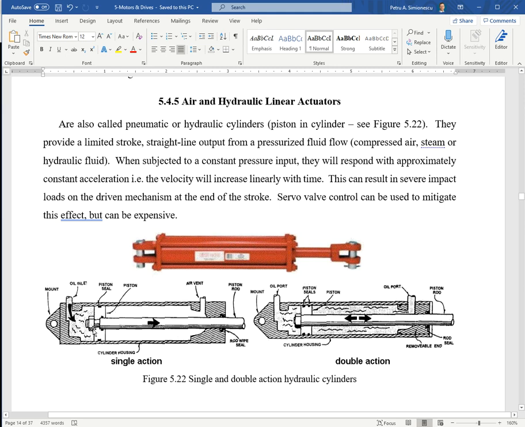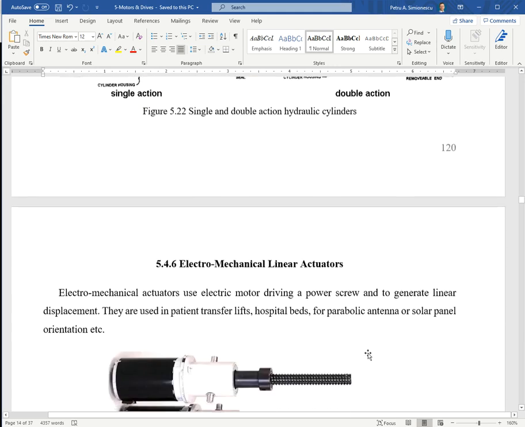They could be single action, with pressure applied on just one side, always the side where it is not the rod, or they could be double action. With single action, you rely on gravity, say, or on a compressed spring to bring the actuator back into the retracted position, or you deliver pressure on either one or the other side of the cylinder.